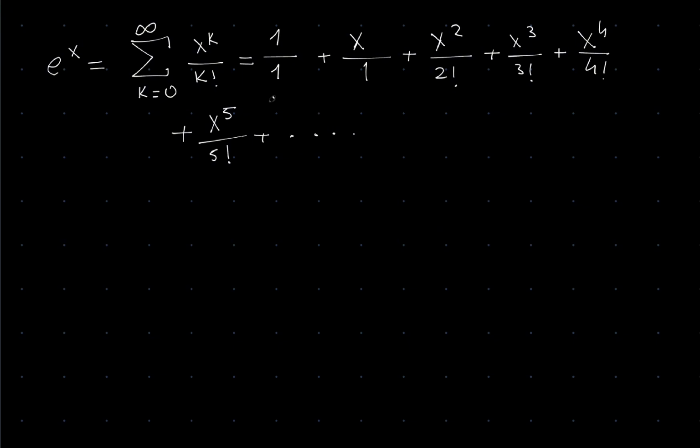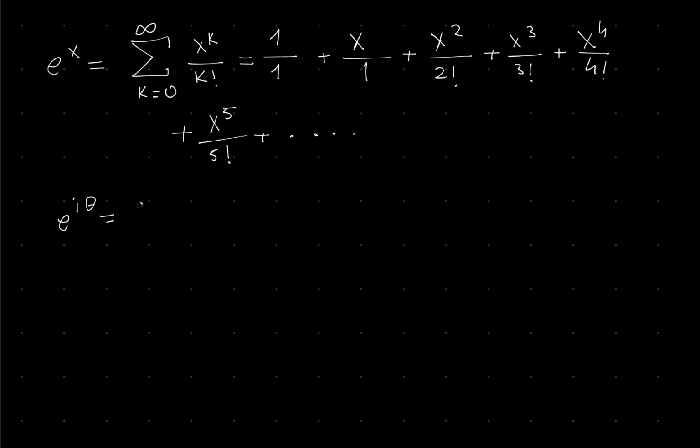So that is for x, and let's say that our x is equal to I times theta. So the summation is still the same, but we have I times theta for x values.